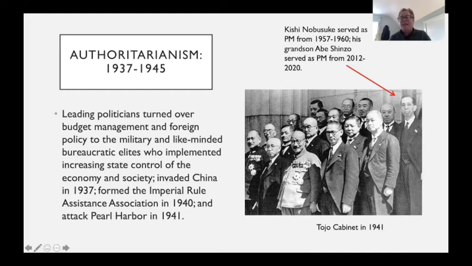I have highlighted here this man, Mr. Kishi, who was a member of Tojo's cabinet and was prosecuted after the war as a war criminal.